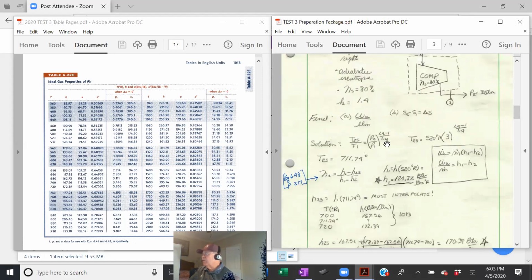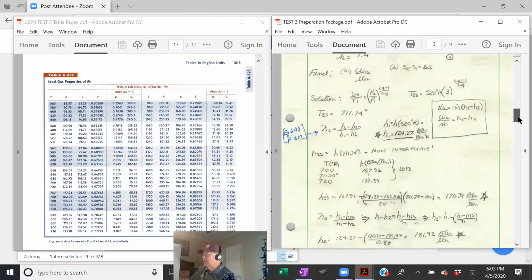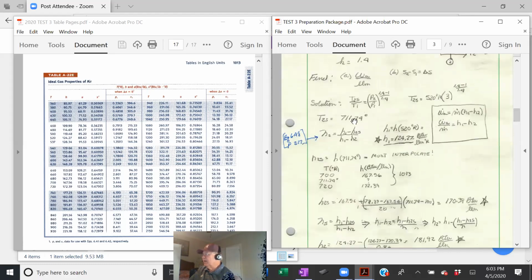So with K known at 1.4, we can use this equation to find T2S. T2S is equal to 520 times P2 over P1, which is 3 atmospheres over 1 atmosphere, which is 3, to the power of 1.4 minus 1 over 1.4, and we find that T2S is 711.74 degrees.